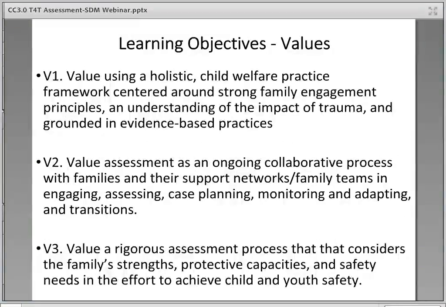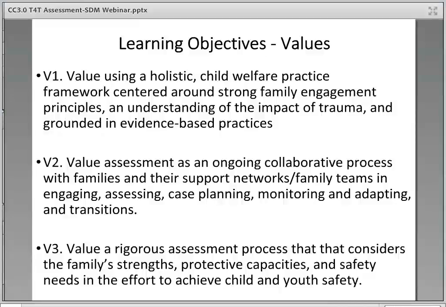The values learning objectives: V1, value using a holistic child welfare practice framework centered around strong family engagement principles and understanding of the impact of trauma and grounded in evidence-based practices.